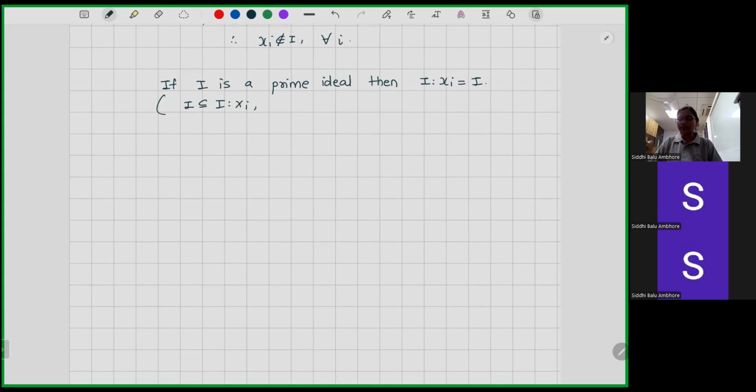This is true for any variable. Instead of xi, if I had any element alpha from the ring R, I is always contained in I colon alpha.